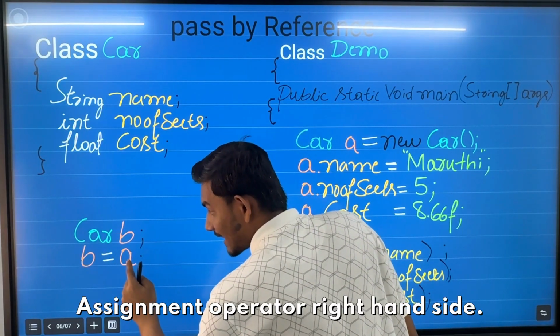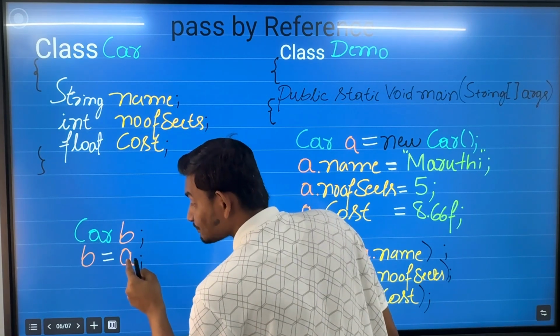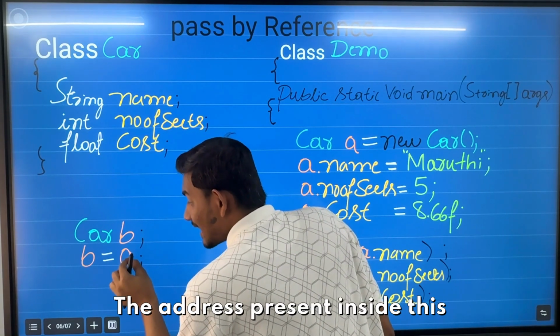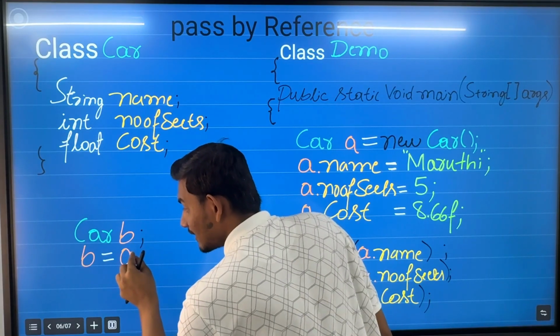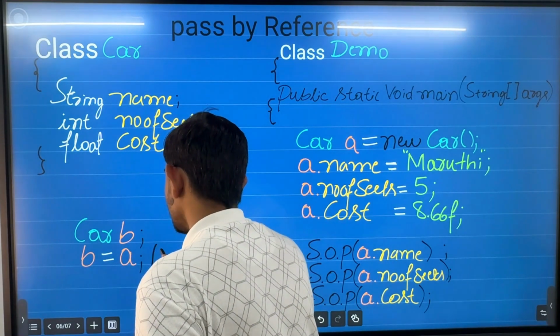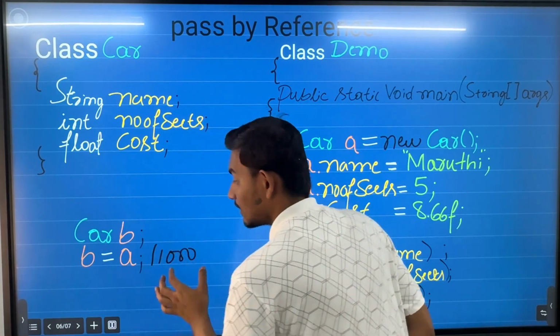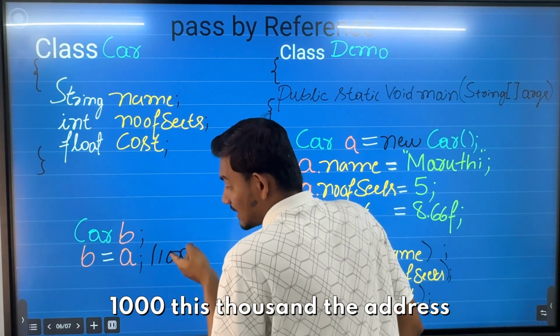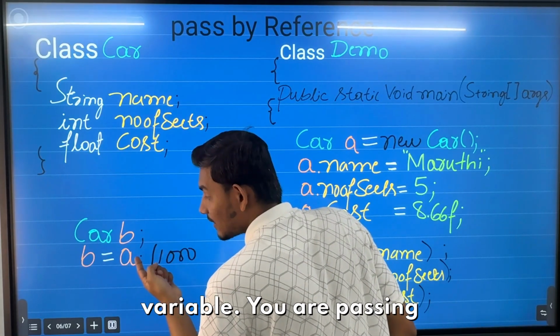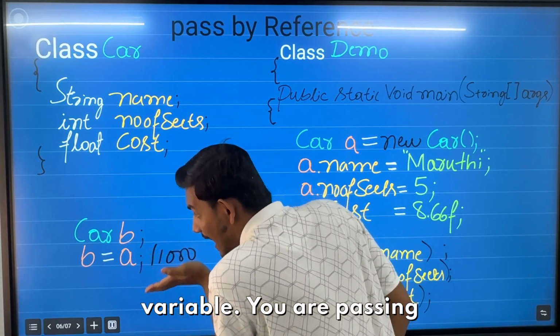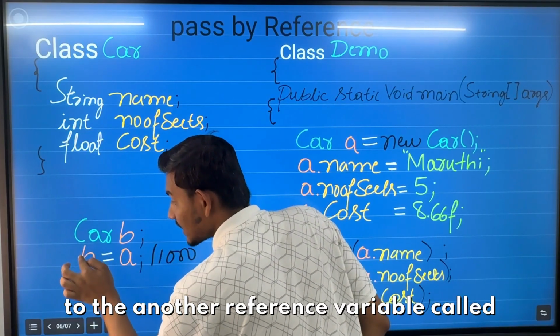Assignment operator, right-hand side. The address present inside this A reference variable, that is 1,000. This 1,000, the address present inside this A reference variable, you are passing to the another reference variable called B.